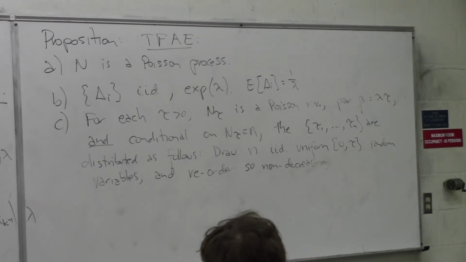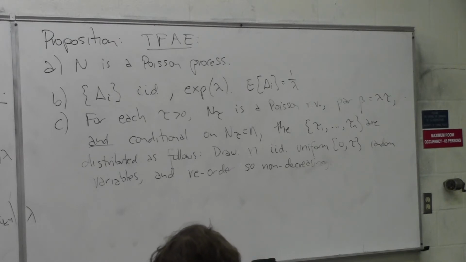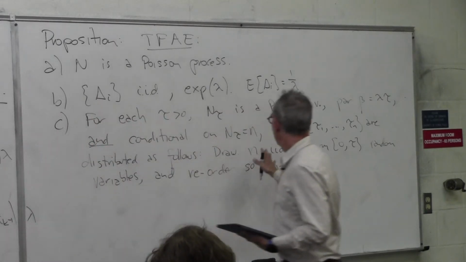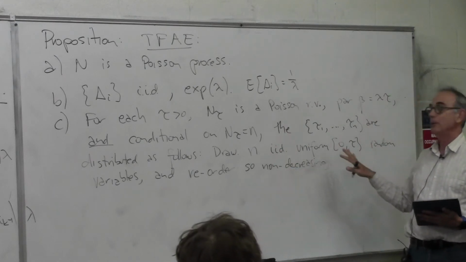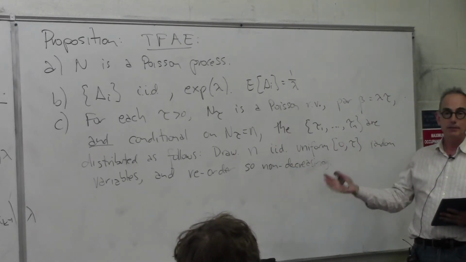The way you make that precise is to write down the density. So this procedure of drawing n IID random variables defines a density.